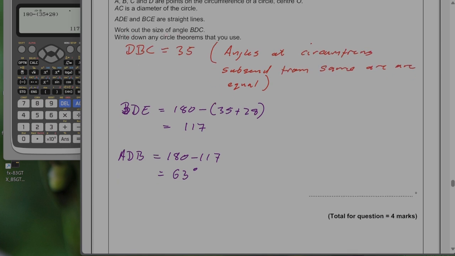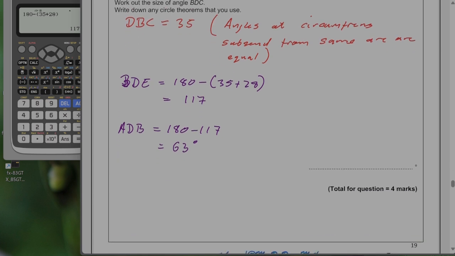So the final step that I'm going to do then is to say that the angle that I'm after, BDC, is going to be equal to 90 minus 63. It's going to give me 27.